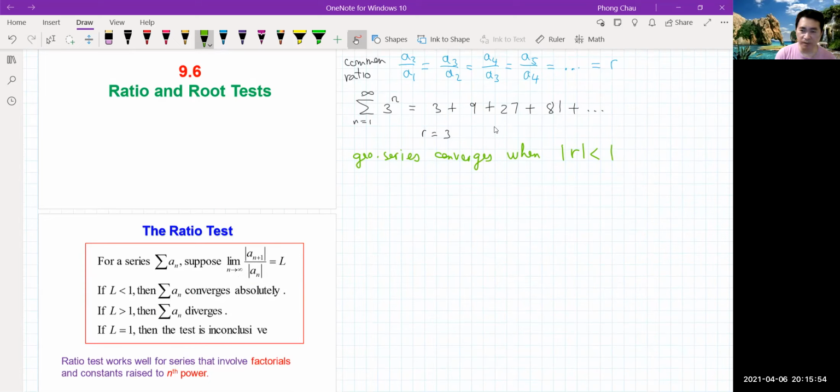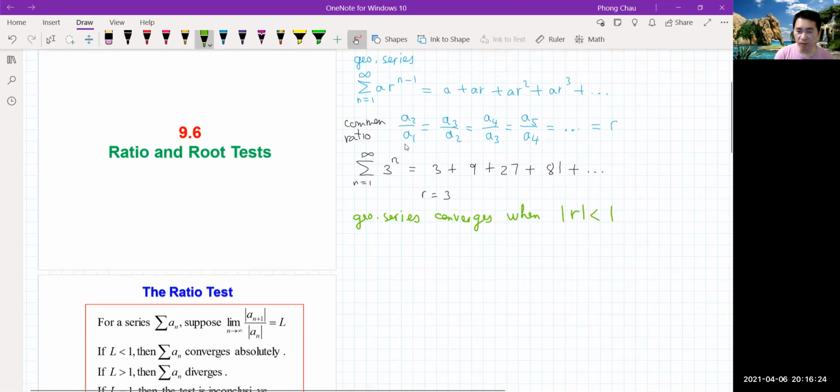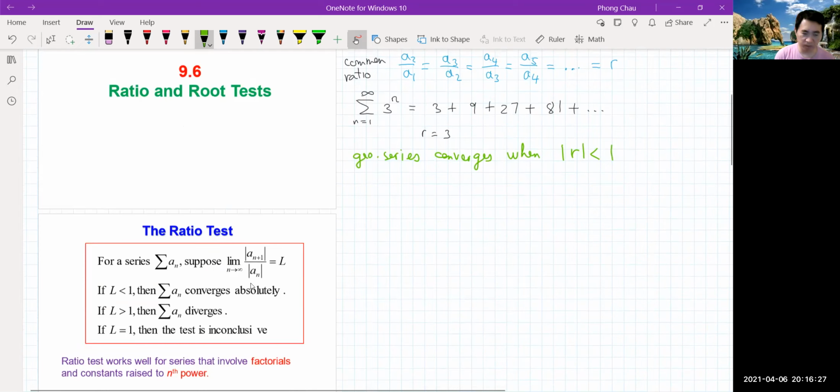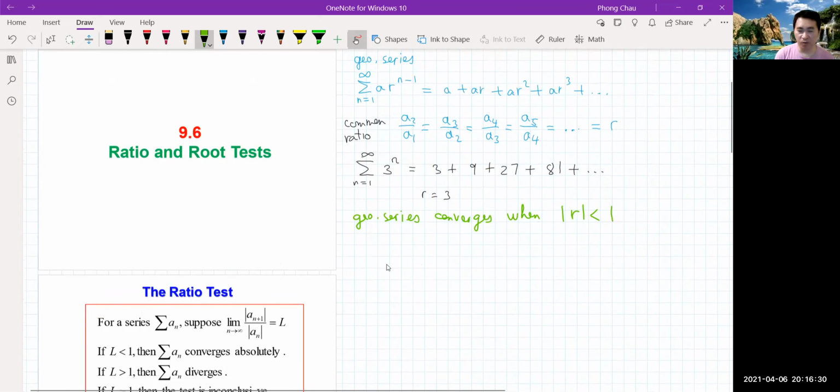And similar to the geometric series test, if the limit L here is bigger than 1, we know that the series diverges. Here's a little bit of a difference: when the limit is precisely 1, this test is inconclusive. The reason is that if the ratio is approaching 1, I don't know whether it's approaching 1 from the left or from the right.